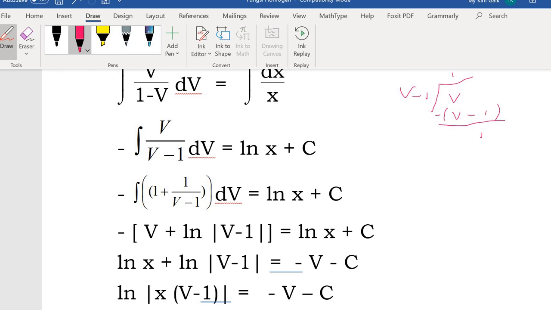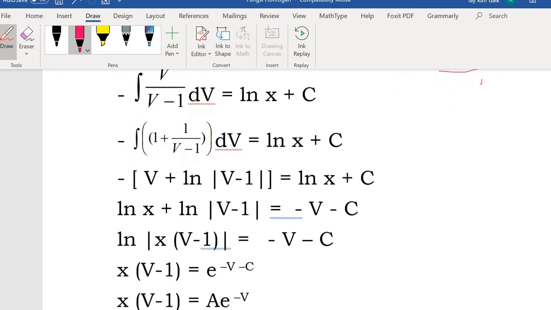And then you just do the simplification. I collect the log terms together. Here you should have minus ln of v minus 1 equal to ln x.